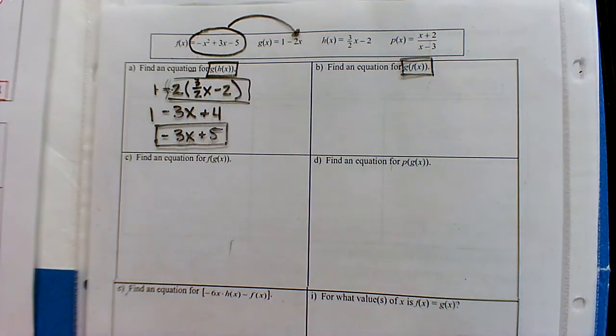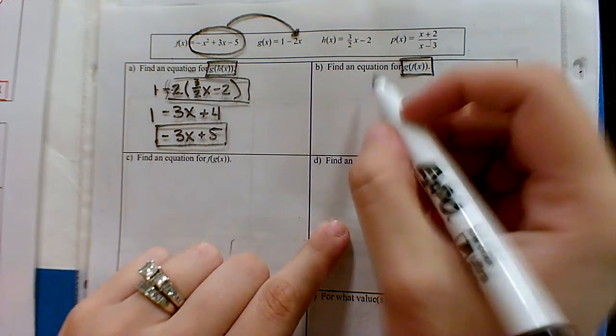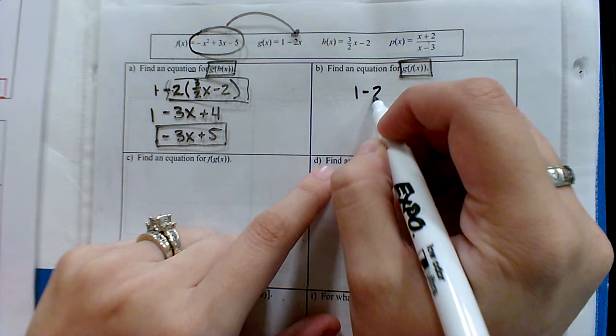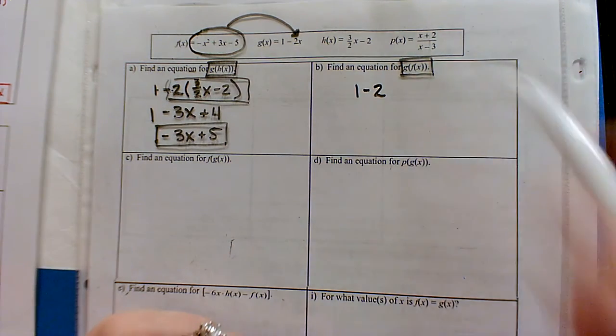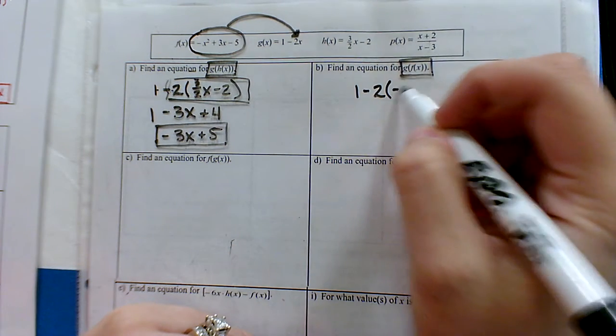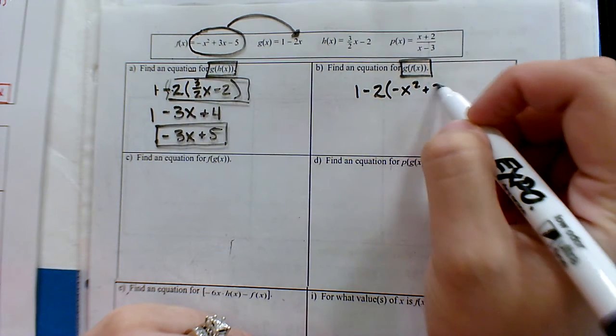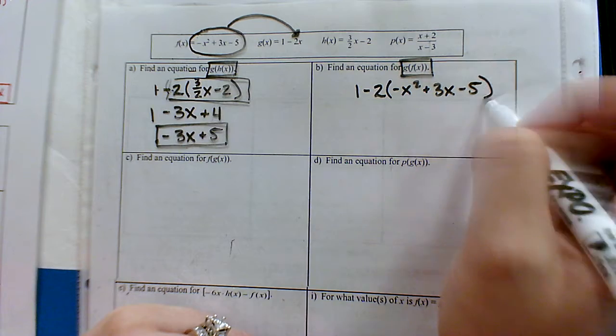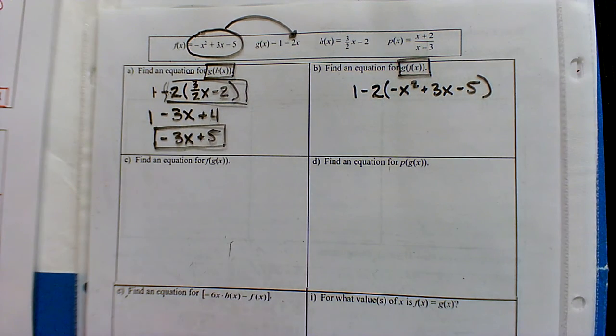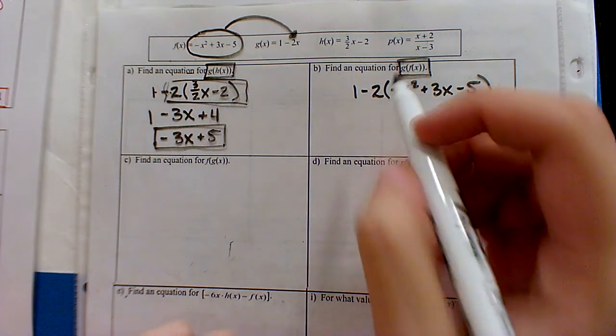Again, there's only one x, so that makes our process a little easier. So we have 1 minus the 2, and then instead of writing times x there, we got to multiply by the F equation. Let's go ahead and simplify, get rid of parentheses, combine some like terms.